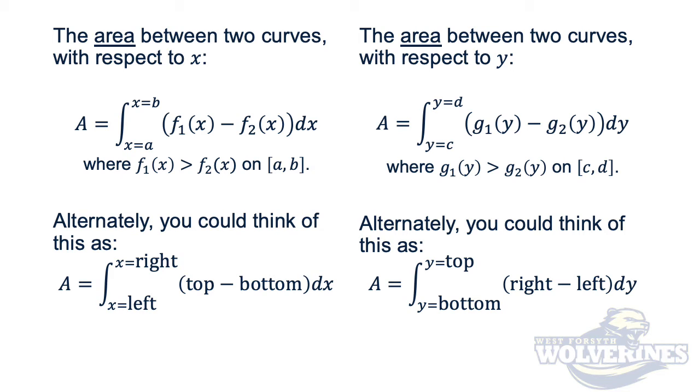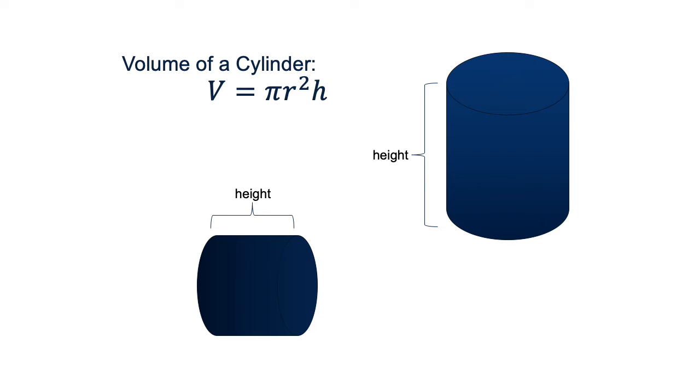Okay, so in volumes of revolution, the whole idea is that you're spinning something around. And you're going to find that these formulas all come back to the idea of the volume of a cylinder. The whole idea of a cylinder is that you have some kind of circular base, and the area of a circle is pi r squared.